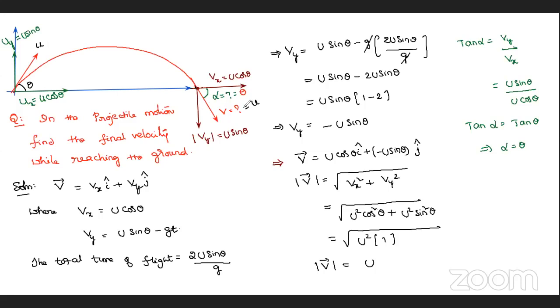Initial is u, final is u. Can I say u minus u is 0? You fell in my trap. Even this is also wrong. Is it not 0?